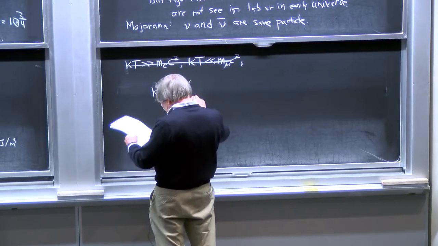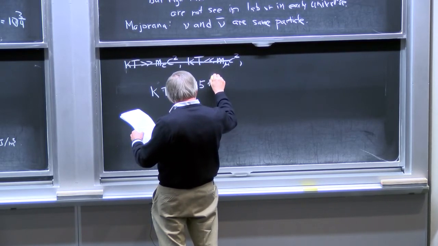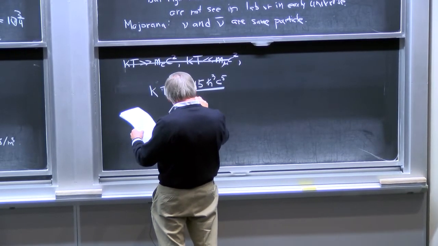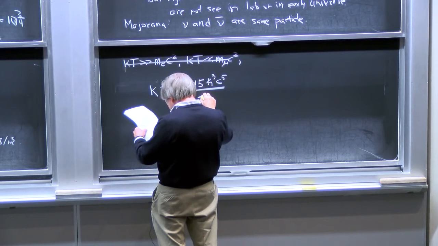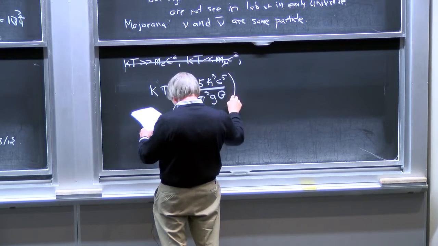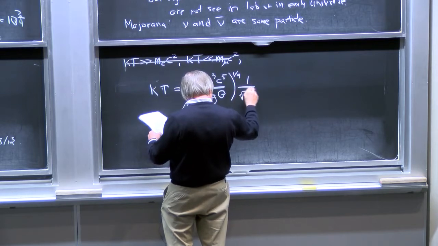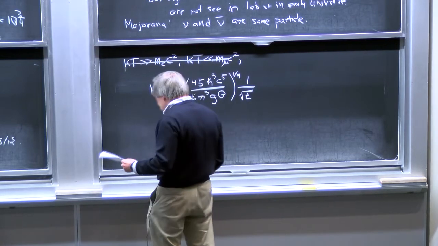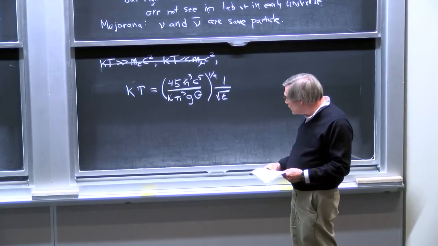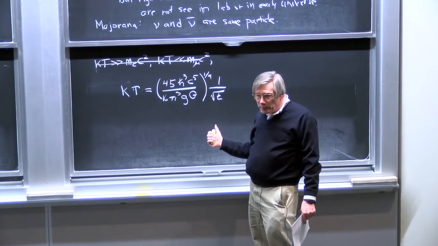And that formula has the form of 45 h bar cubed c to the 5th divided by 16 pi cubed little g times capital G, Newton's constant, whole thing to the 1/4 power times 1 over the square root of t. So if we had nothing but radiation, and if little g were constant, this would be the formula for the temperature as a function of time.